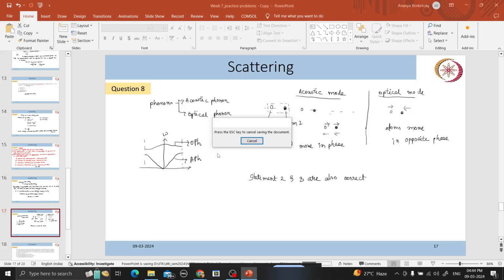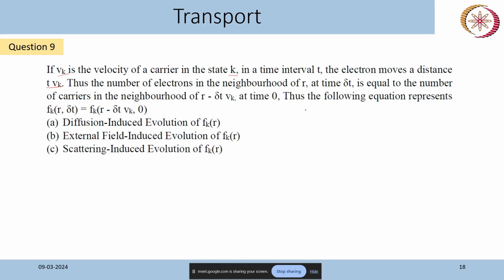Thus, the number of electrons in the neighborhood of R at time delta t is equal to the number of carriers in the neighborhood of R minus delta t times Vk at time 0. Thus, the following equation represents: Fk(R, delta t) equals Fk(R minus delta t times Vk, 0).